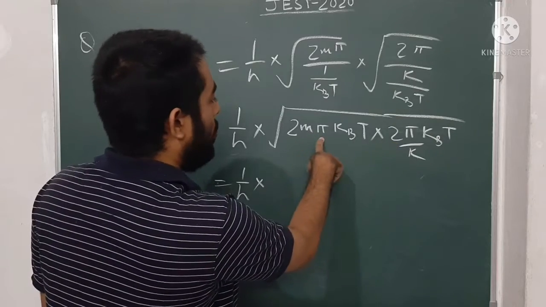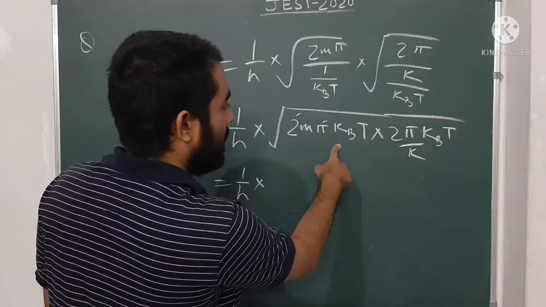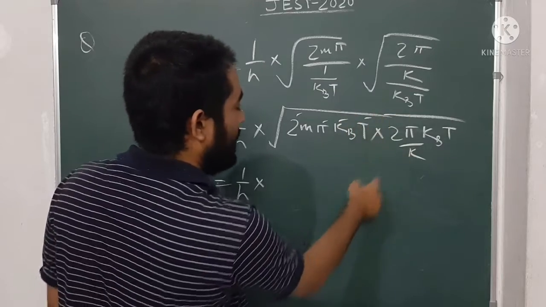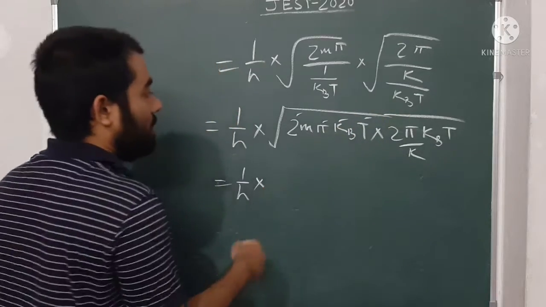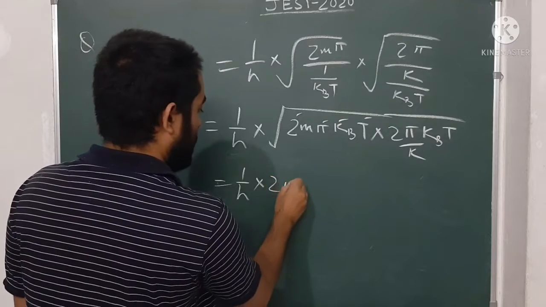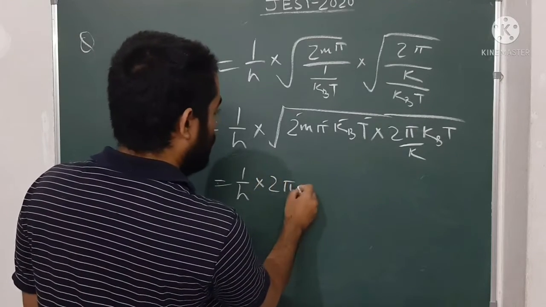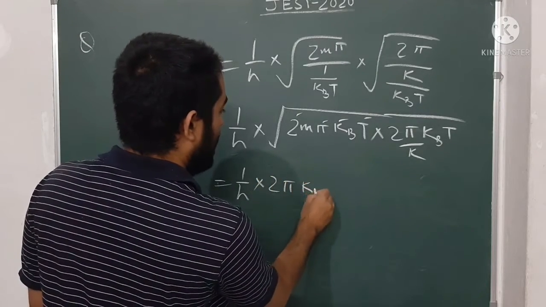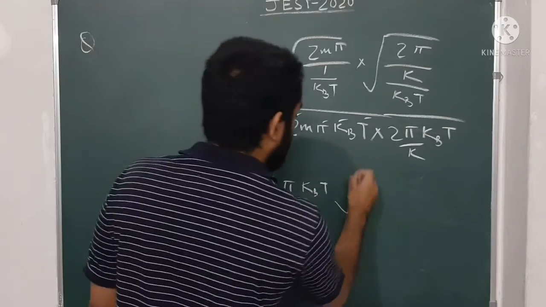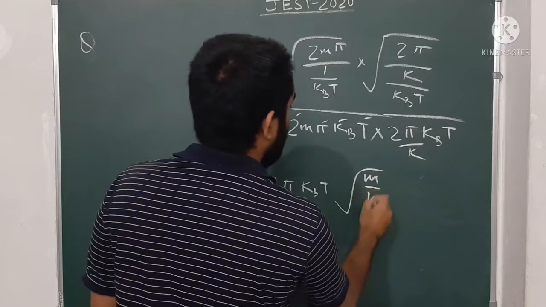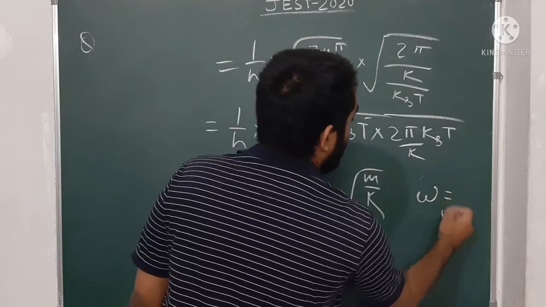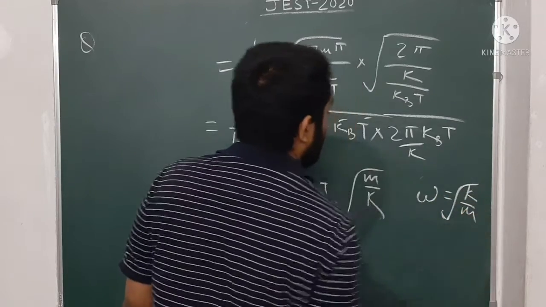So 2 pi kBT, we can take out root 2 pi kBT. So there is just m by k, and we know that omega is equal to root over k by m.